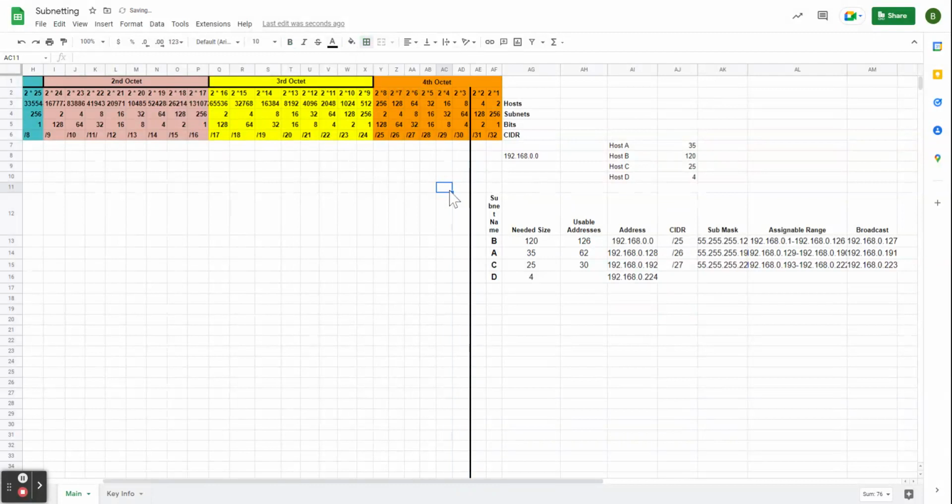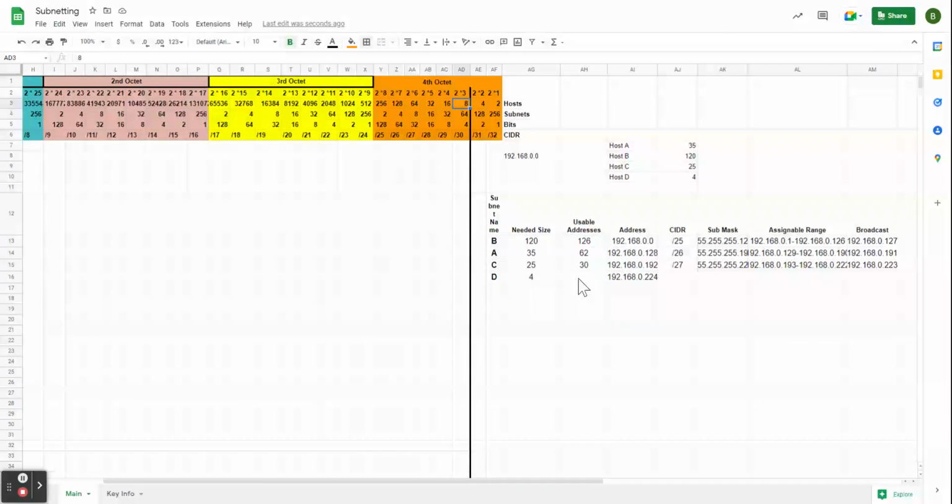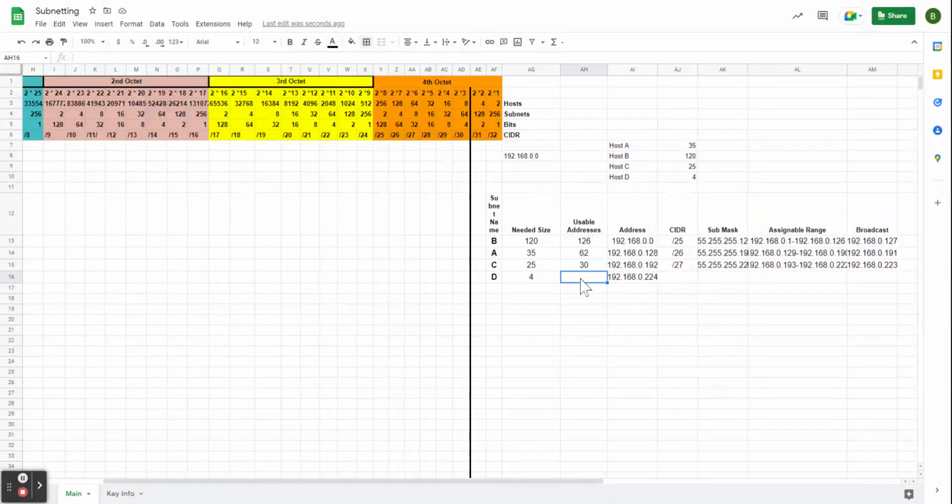I only need 4 hosts. That's what the question's asking. If it was 4 usable hosts, because we're subtracting 2, we'd have to shift to this number here, which would give us 6 usable hosts. So hopefully that makes sense. So usable addresses here is 2. But like I say, if the question said 4 usable hosts, you would have to go to the next subnet along. Okay, so the new CIDR notation is /30.